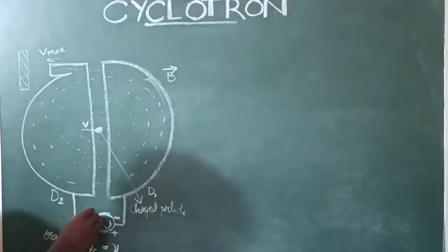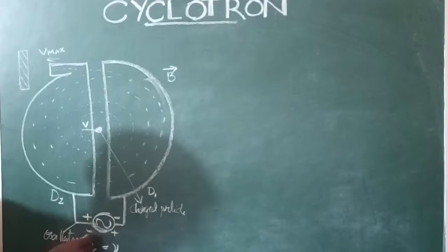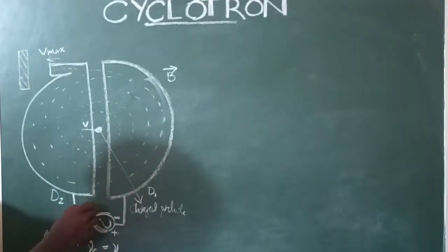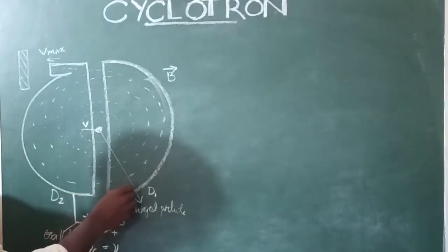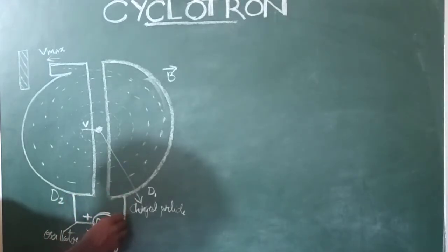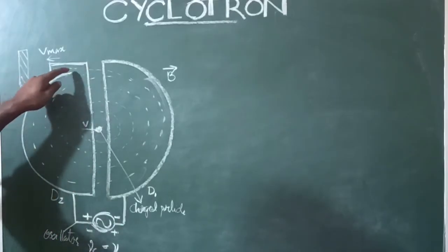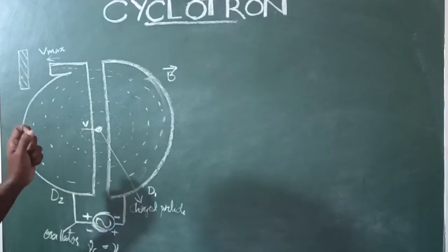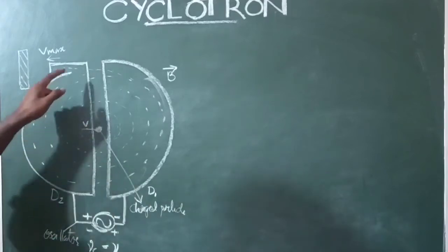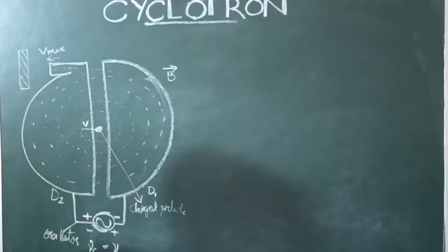First it is connected to the positive terminal, with the direction of the electric current towards this direction, and the other end is connected to the other D, which is negative. Here is the way through which the charged particles with maximum speed are taken out and used.